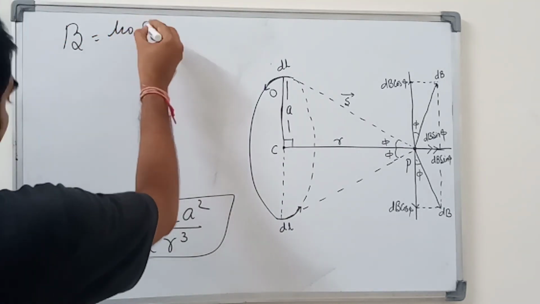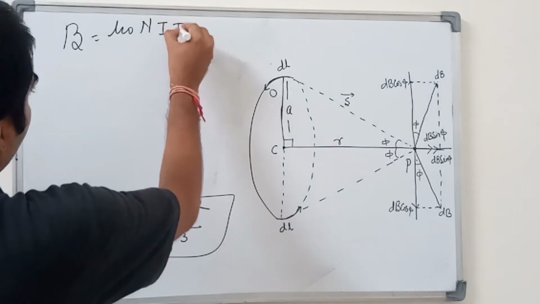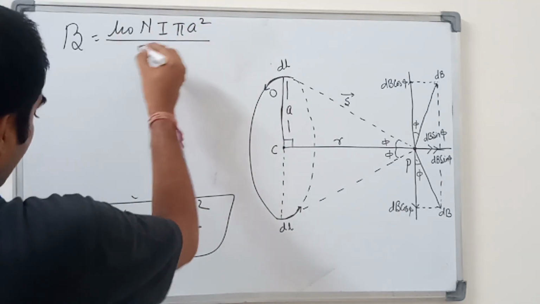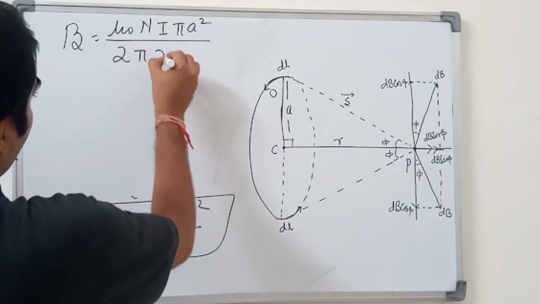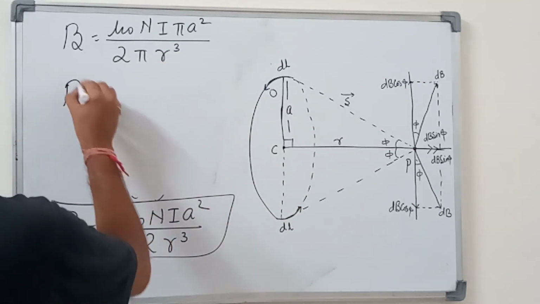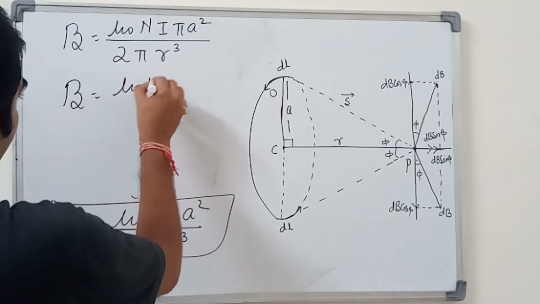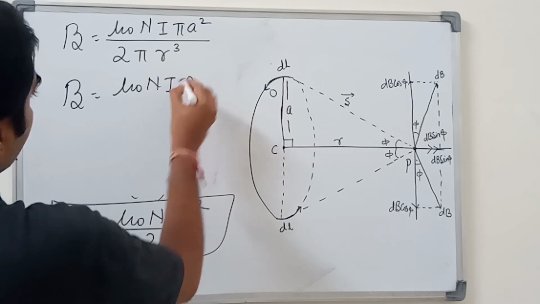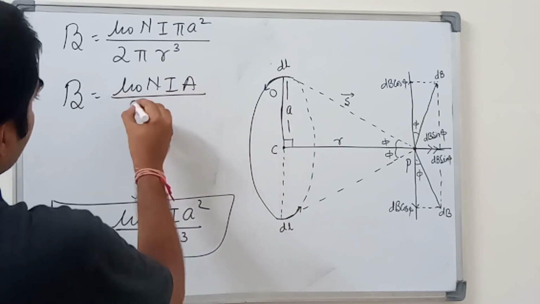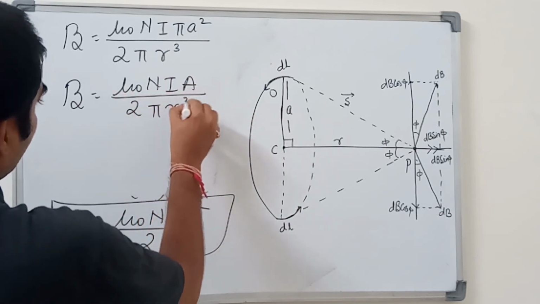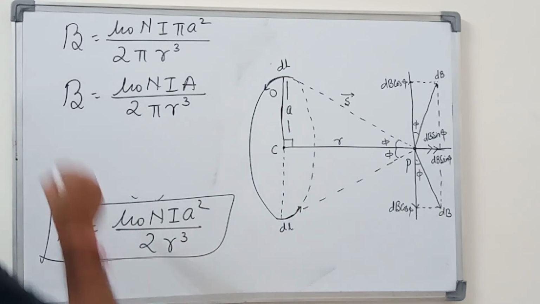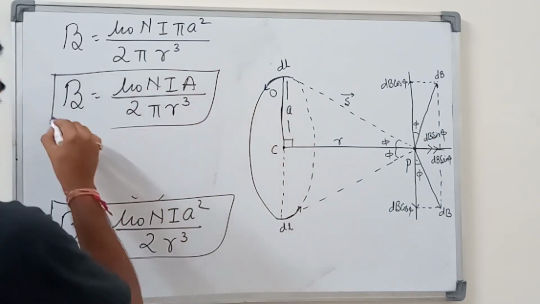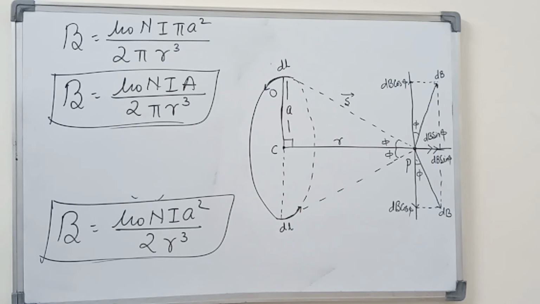So mu 0 n I pi a square and pi r cube. So B is equal to mu 0 n I A, where A is the area of the circle, upon pi r cube. Okay, so this creates a new component. So also write down.